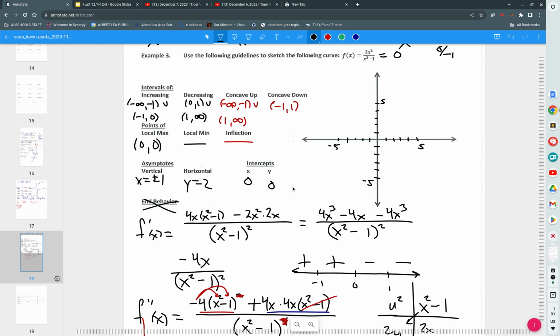I'm going to try harder here. I have vertical asymptotes at positive and -1, and I have a horizontal asymptote at +2.